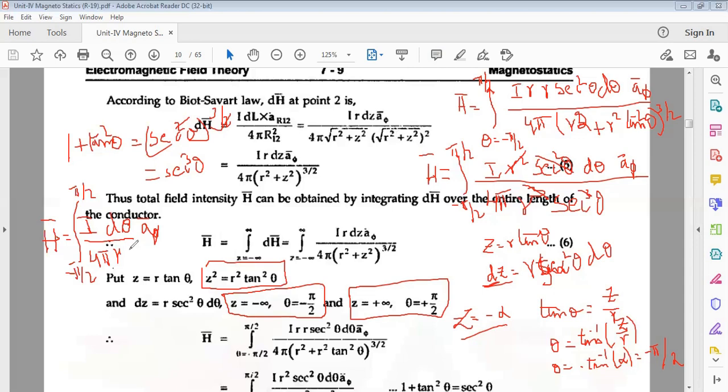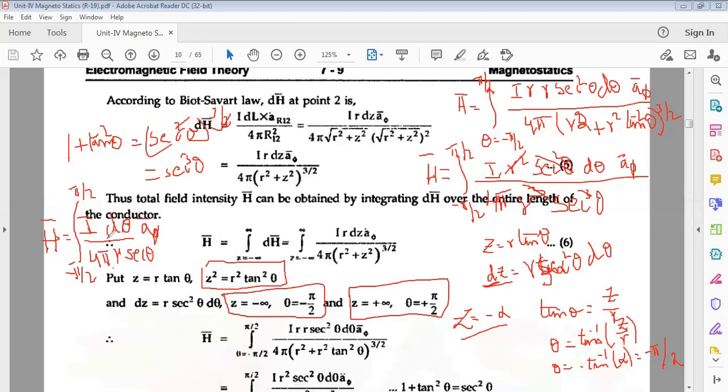1 by tan is cot, 1 by secant is cos, and 1 by cosecant is sine. So 1 by secant theta is cos theta.